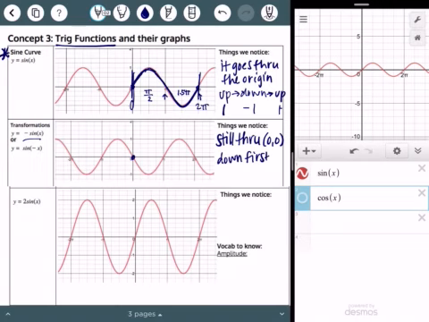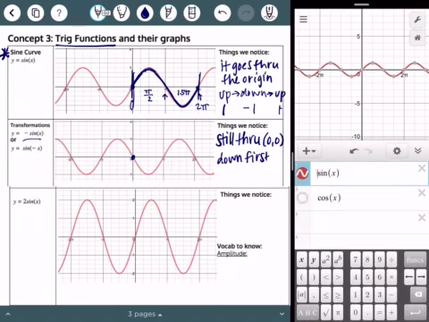If I put a negative in there, it just flips over. Everything that it was before is now flipped upside down. But it's the same exact pattern, right? So it goes down and then it comes back up and then it goes down again. And we see that it still makes that repeat. It starts to repeat at 2 pi.